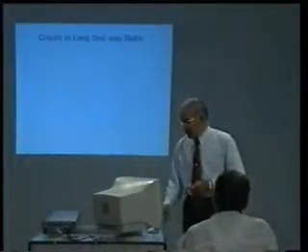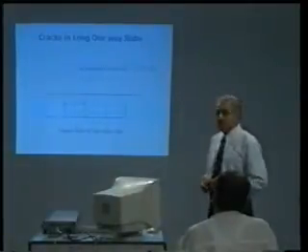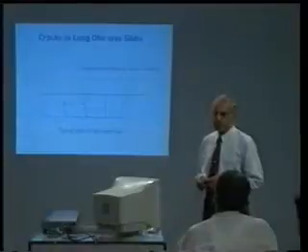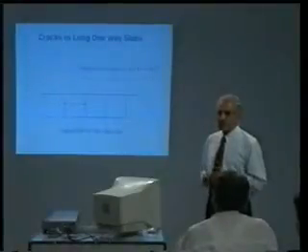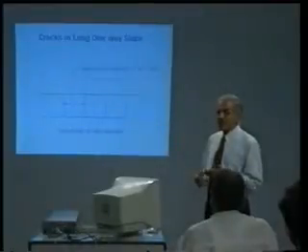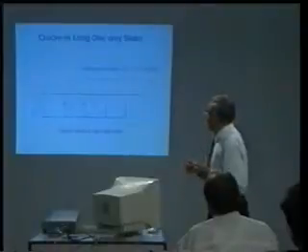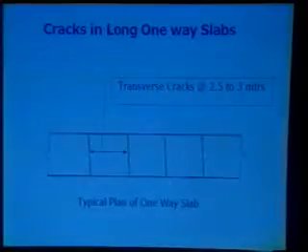Now, the problem of cracks in long one-way slabs. If you have ever tried to notice long corridors in school buildings, office buildings, hospital buildings, particularly at the topmost floor, you would find that there is a regular pattern of cracks in the long transverse direction. This can easily be avoided, but firstly we want to understand why these cracks take place. It is because of the thermal response of the slab at that place.